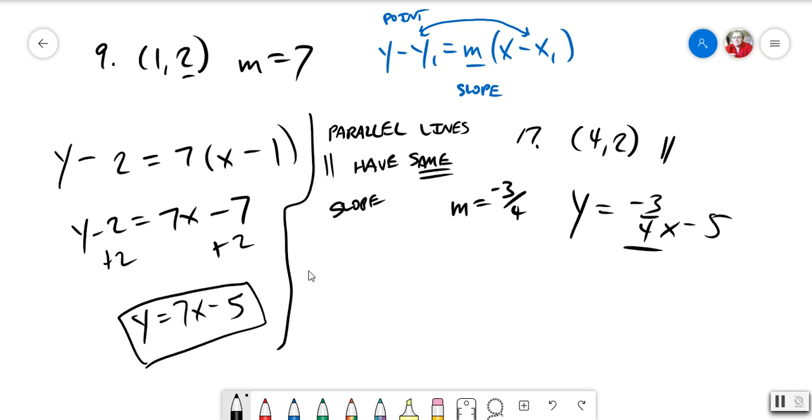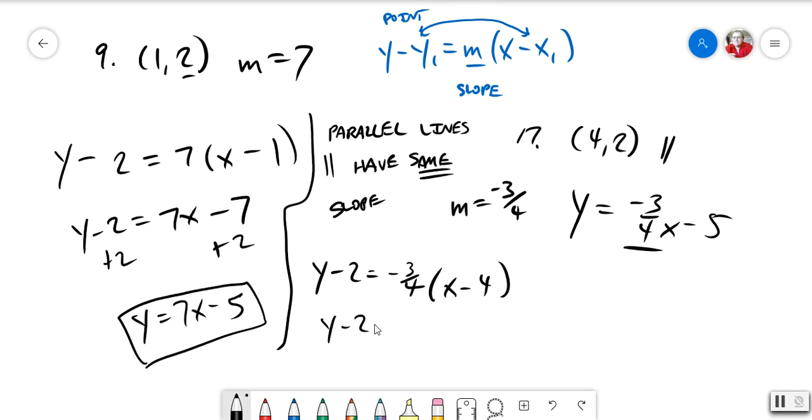So back to point slope. Y minus 2 equals negative 3/4, that's my slope, times x minus 4.